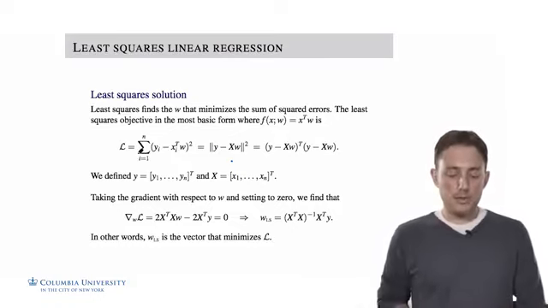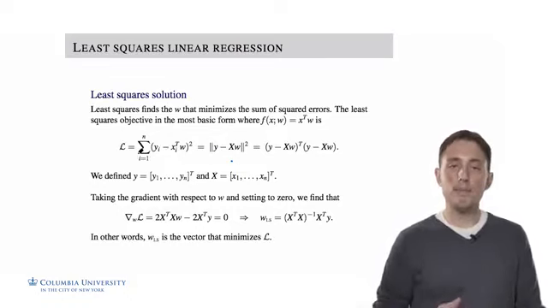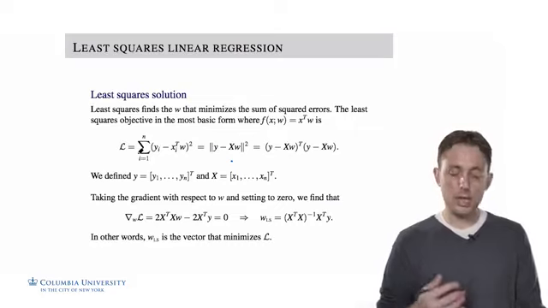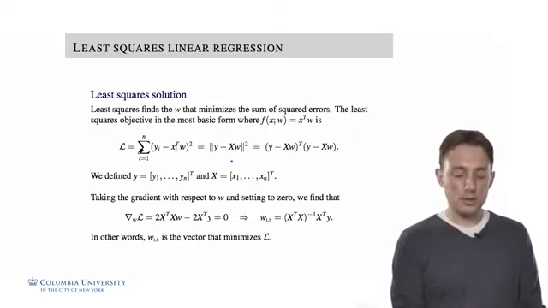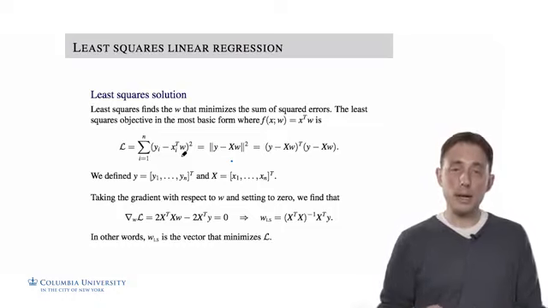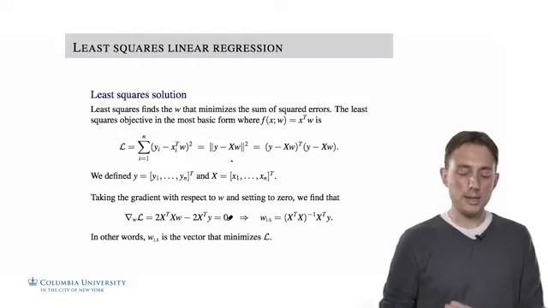So taking this objective function L, we find the vector w that minimizes it, because we're seeking to minimize the sum of squared errors. So we take the gradient of L with respect to the vector w. We get this solution as its gradient, and then because we want to find the minimum, we find the vector w at which the gradient is equal to 0.